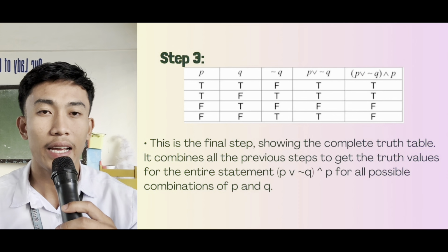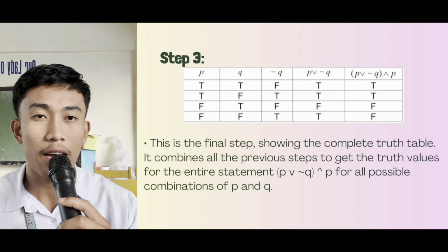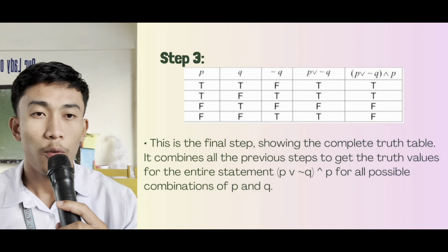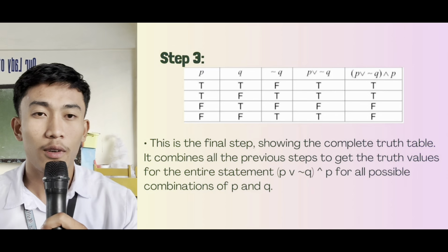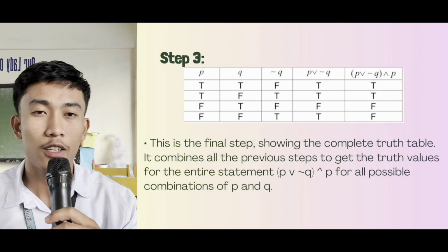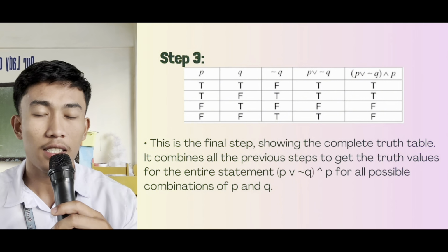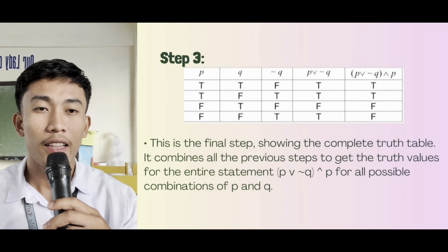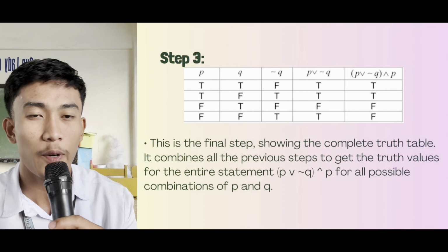(P or not Q) and P is the final expression, which combines the result of P or not Q with P using the AND operation. By evaluating all combinations of truth values for P and Q, the truth table helps us see when the entire expression is true or false. It is a systematic way to analyze the logic behind the expression.